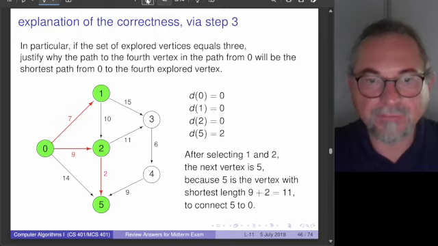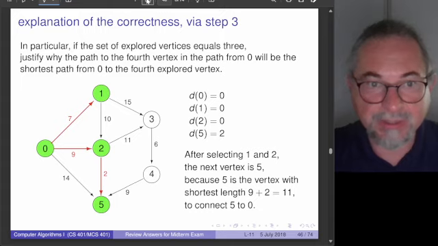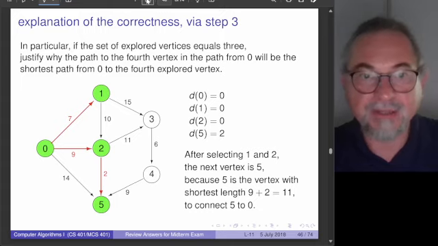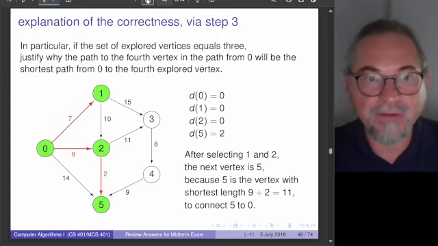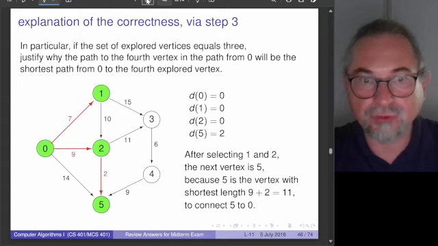Of all the vertices that we could consider, and here I'm explicitly saying what should have been added to the slide, we could have considered also 3 and 5. We could have considered also 3. That would have been the other choice after selecting 1 and 2.